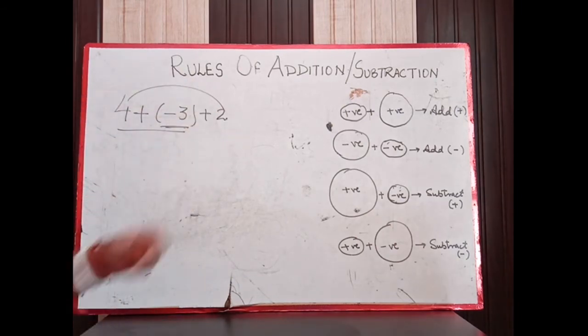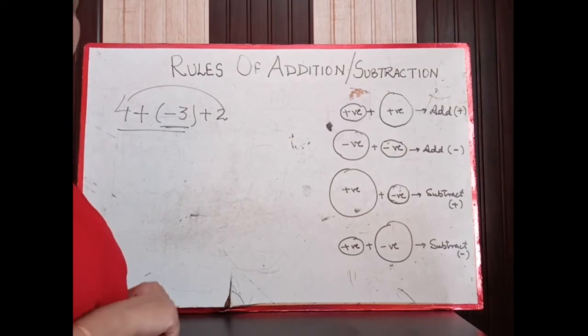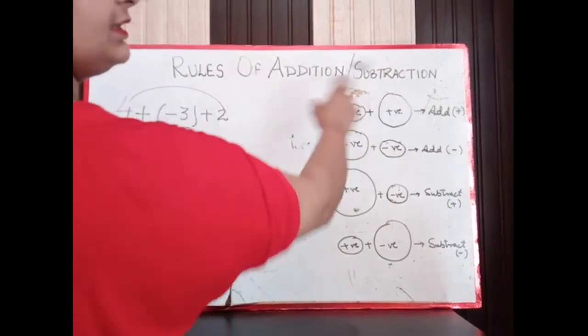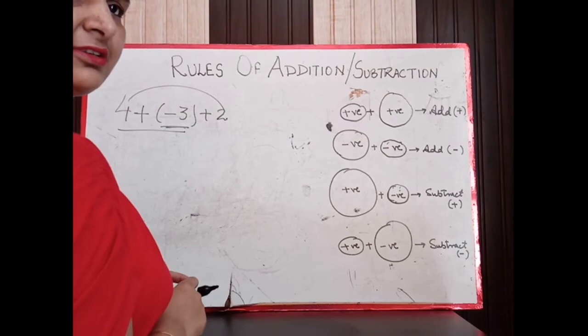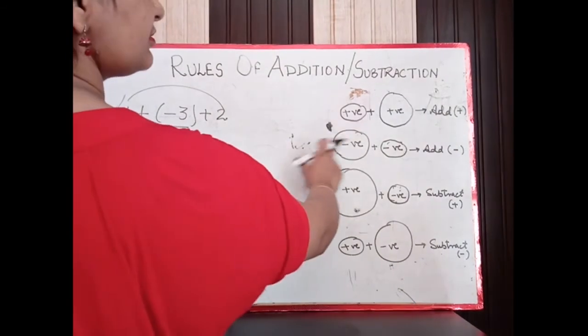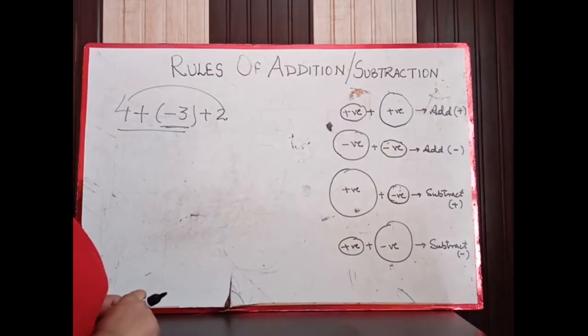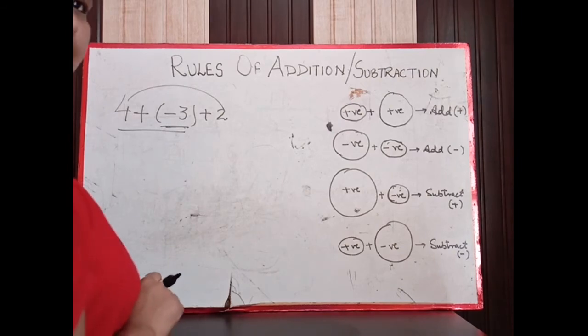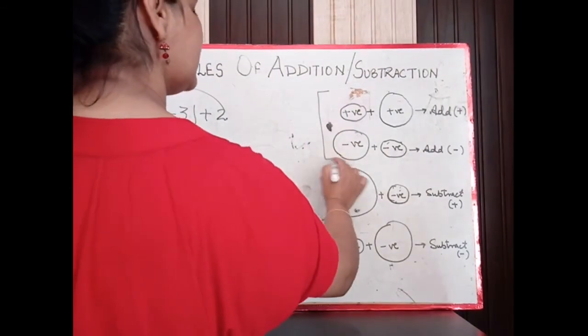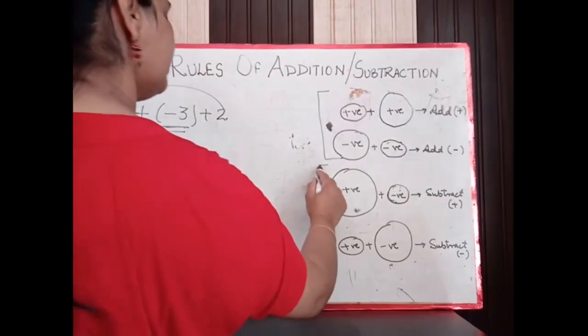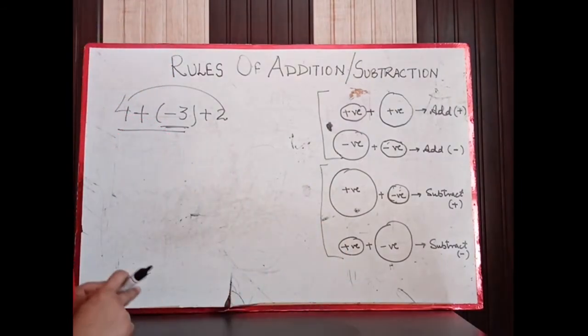So what can be the possibilities? Both integers can be positive, both integers can be negative, or one can be positive and one can be negative. So the conditions are, both are of the same sign or both are of different signs.